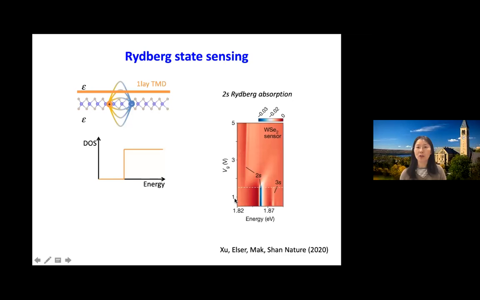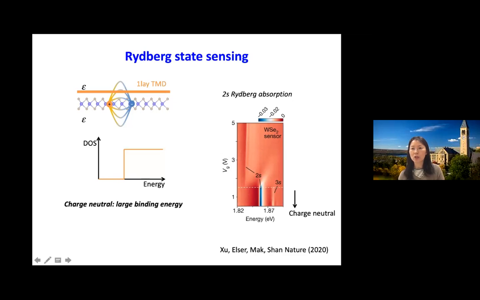So let's take a look at how it works. This is our control experiment. We put one layer of another TMD next to our sensor, which is WSe2, and the spacing here is on the order of 1 to 2 nanometers. When we apply a gate voltage, this sample becomes charged at this point.